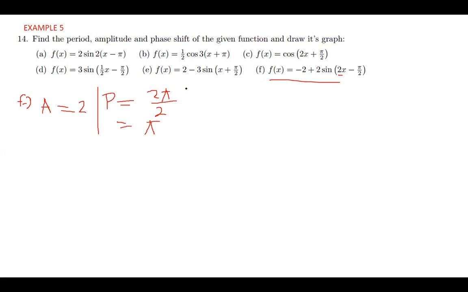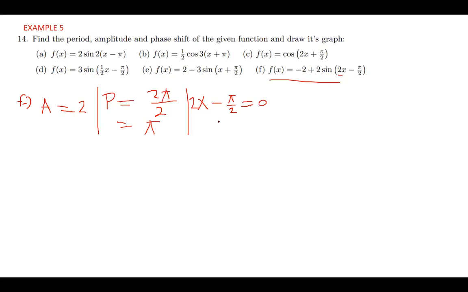And then from there, I'll also find the phase shift. The phase shift here, I'll just equate what's in the brackets to 0 and solve the equation. So this is what is in the brackets, equal to 0.